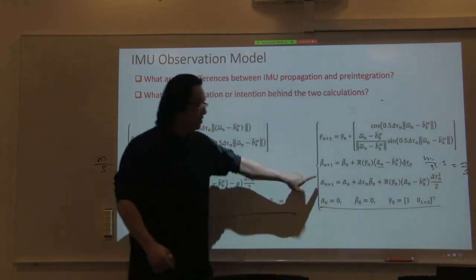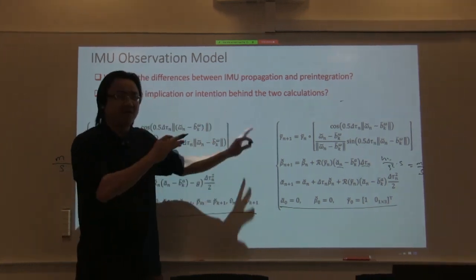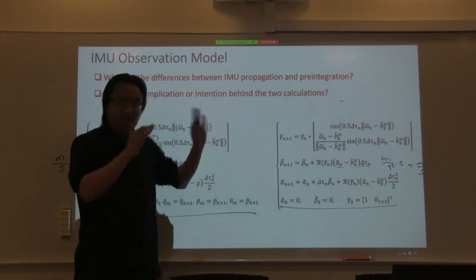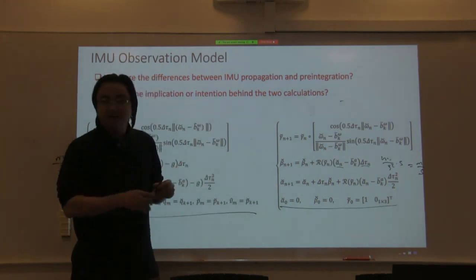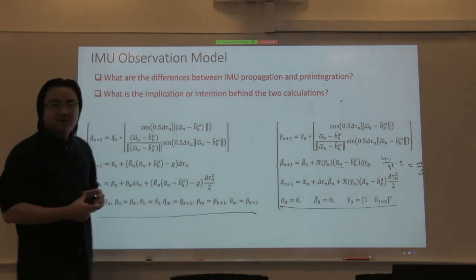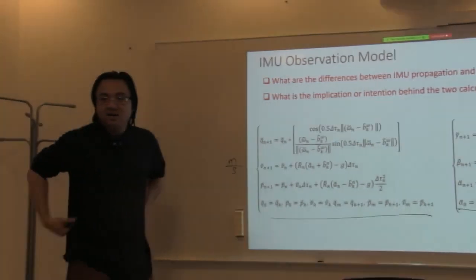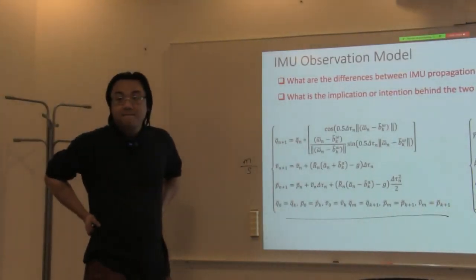That's why in the literature they call this a pseudo or relative velocity, the pre-integrated velocity. They call this the integrated position.